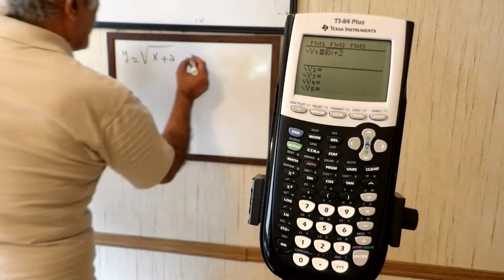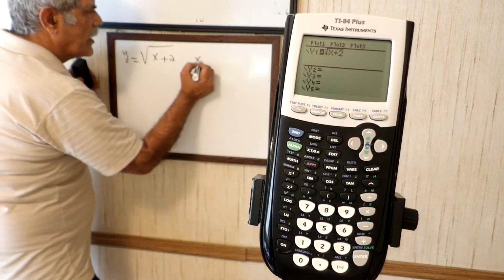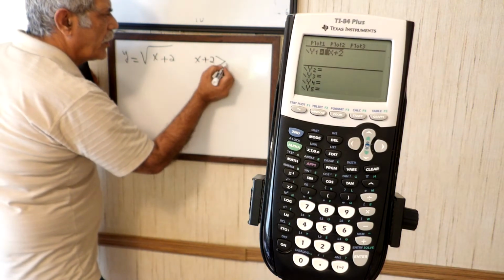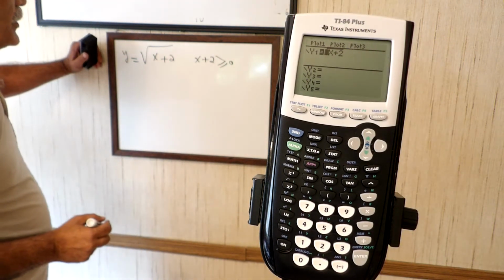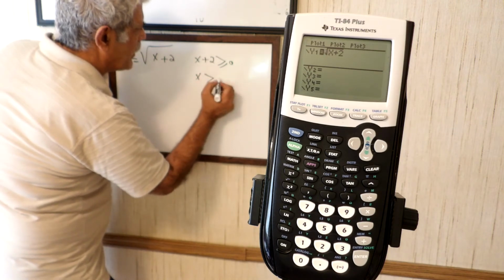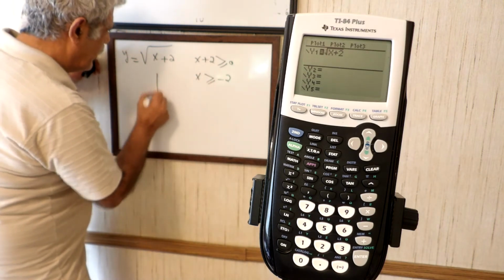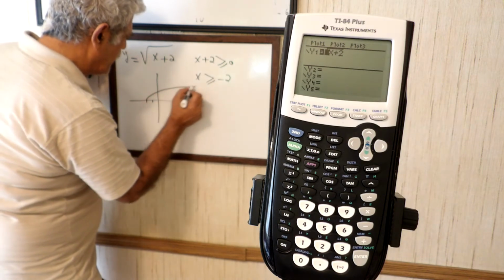So under the radical, this x plus 2 has got to be greater than or equal to 0. When we solve this one, x is greater than or equal to -2. What it means here is that it starts from -2 and then goes this way.